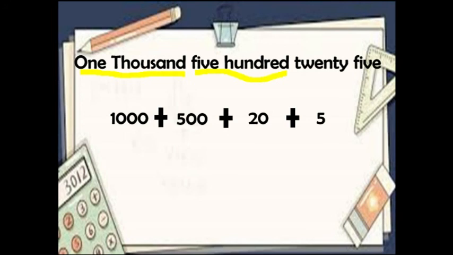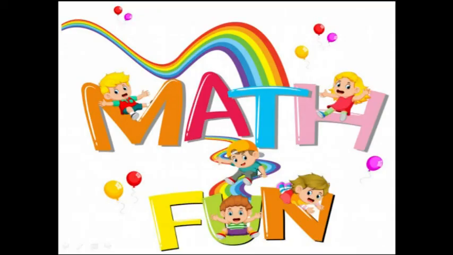So if we combine these numbers, we will come up with 1, 5, 2, 5. And we read this as 1525. That is how we write 1525 in numerals.